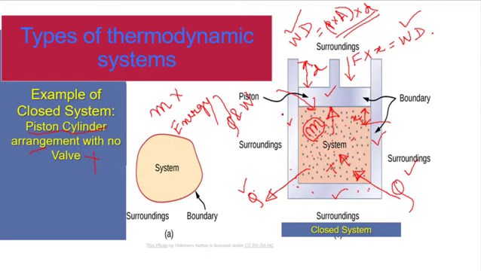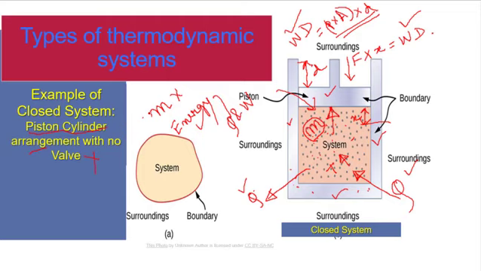So this is an example of energy transfer but no mass transfer. Such a system in which mass transfer is not allowed and energy transfer is allowed is called a closed system.